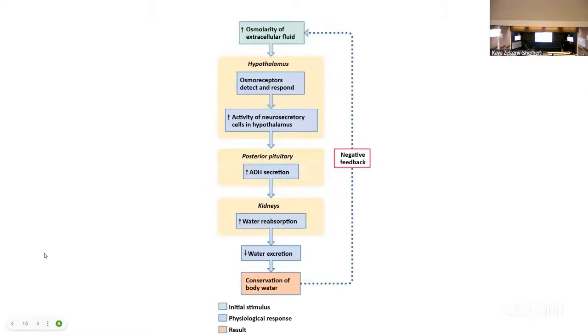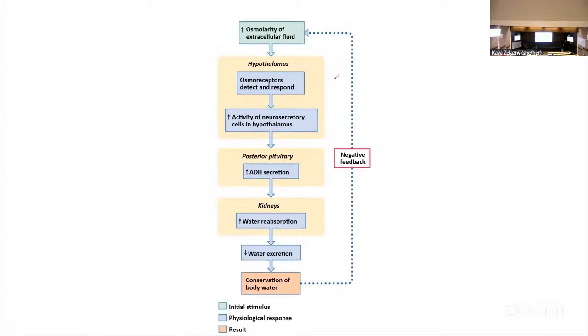So we can see this in flowchart form too. This one is just talking about that osmolarity and its regulation of ADH. If we have highly osmolar extracellular fluid next to a blood vessel, next to these osmolarity receptors in the hypothalamus, we're detecting all those solutes and we're responding. So we're signaling to the posterior pituitary: it's time to make a bunch of ADH.